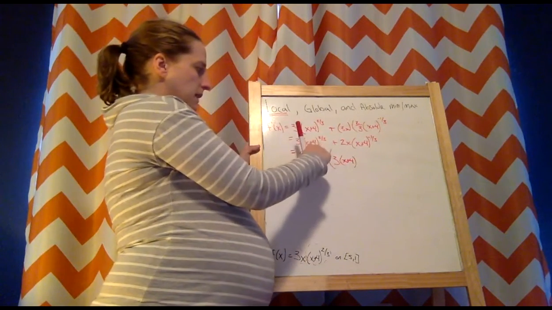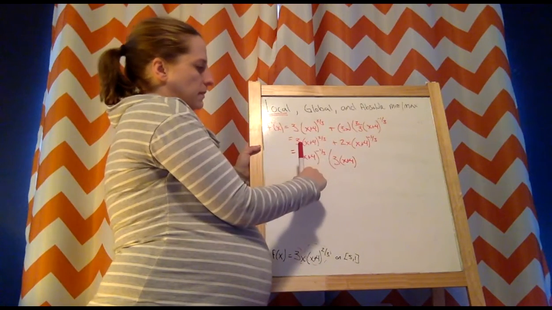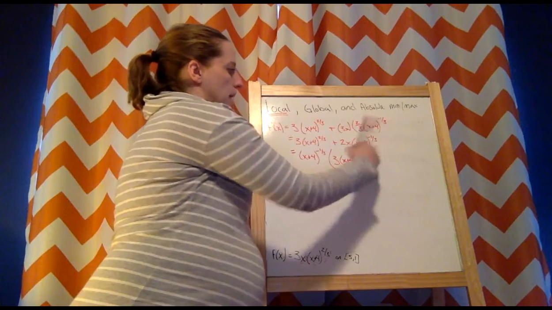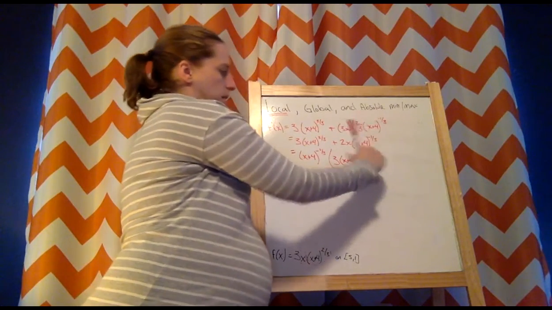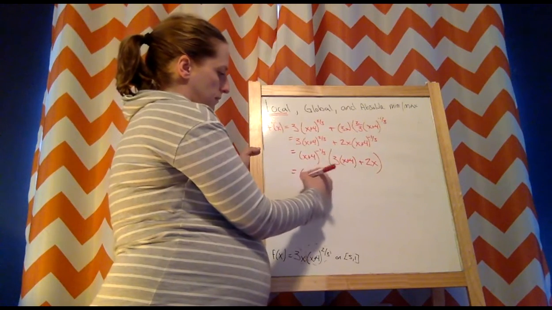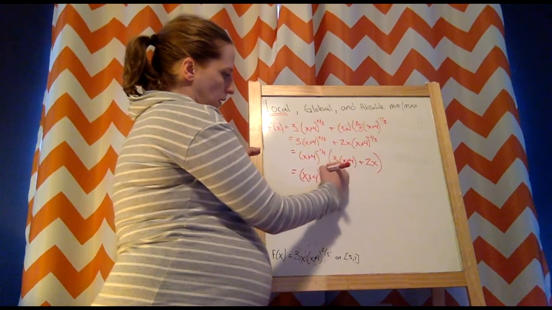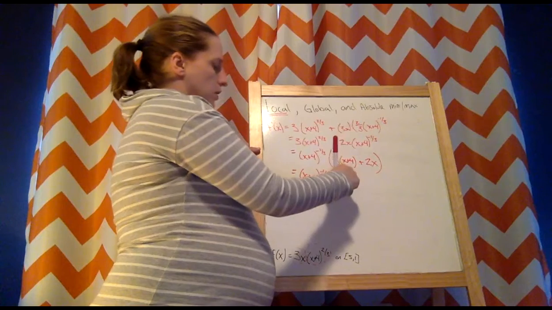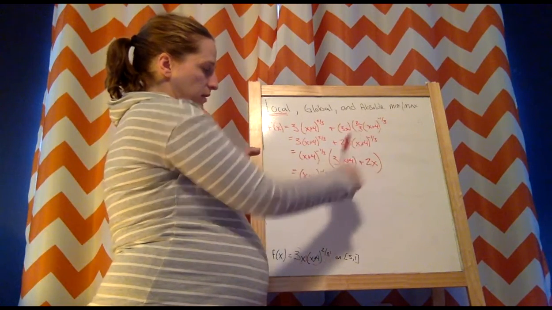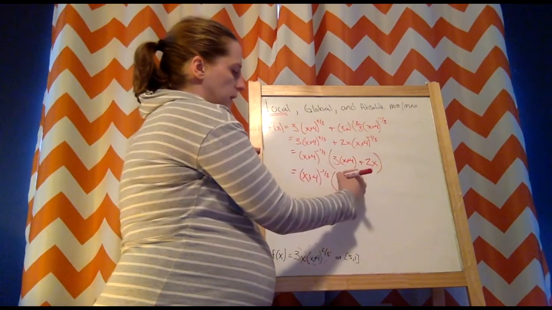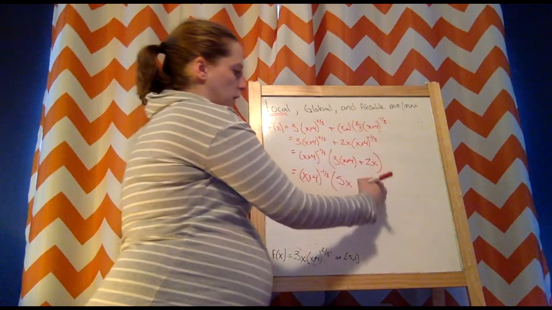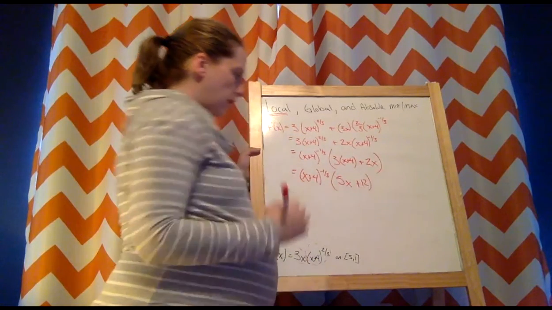So 3(x plus 4) to the 2/3, when I pull out (x plus 4) to the negative 1/3, is 3 times (x plus 4), plus 2x. Distributing the 3 gives me 3x plus 12 plus 2x. 3x plus 2x is 5x, and 3 times 4 is 12.